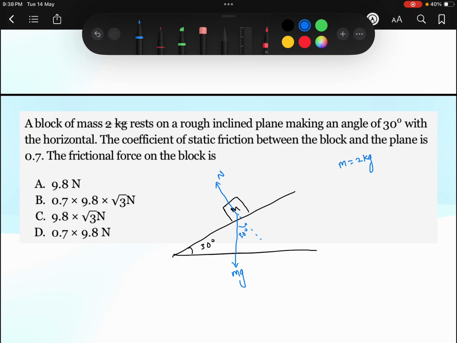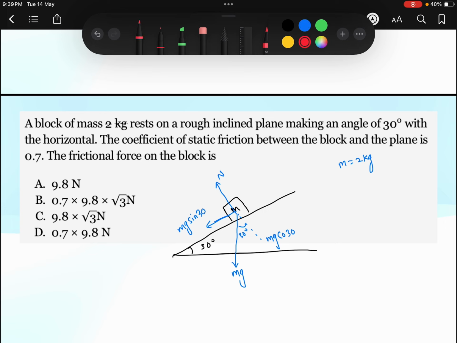And the component of this mg along this line, that will be mg cos 30. And the component of this mg along the line parallel to this inclined plane, that will be mg sin 30.